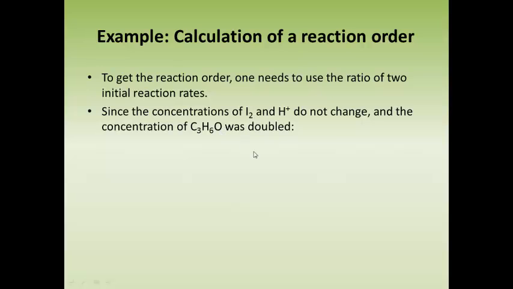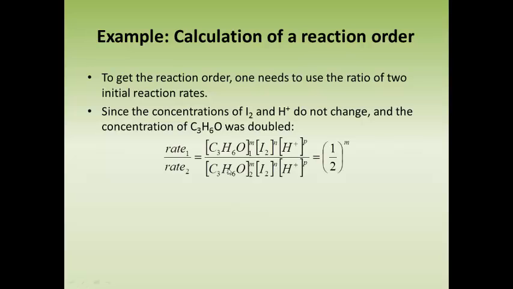We're going to worry only about the order with respect to acetone. But setting up the problem the way that we did, since iodine and H+ dependence are going to be removed, and we carefully doubled the concentration of acetone, this term is going to turn into just 1/2 to the mth power.